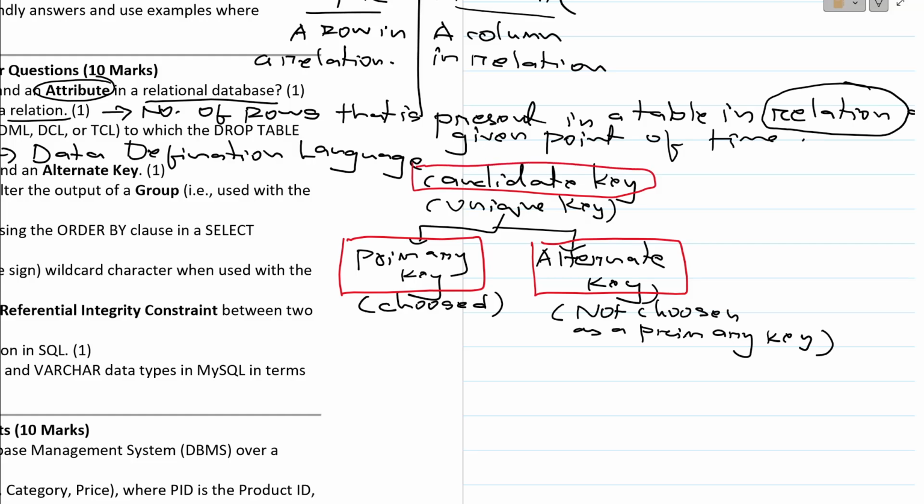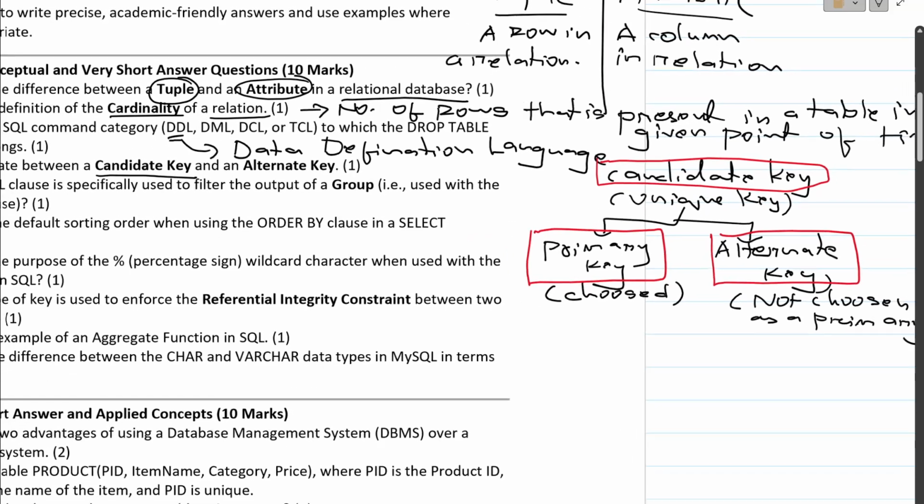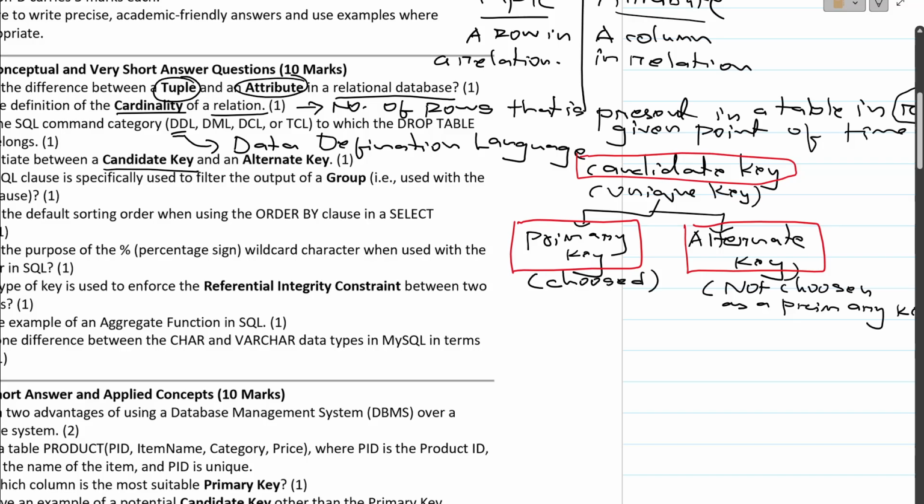Understood? I hope you are understanding very perfectly. So accordingly you can write: candidate key is the key which is potentially unique in nature, while alternate key is the unique key that is not chosen as a primary key.